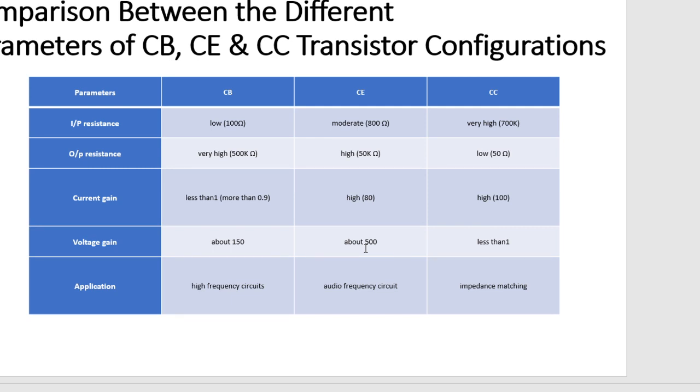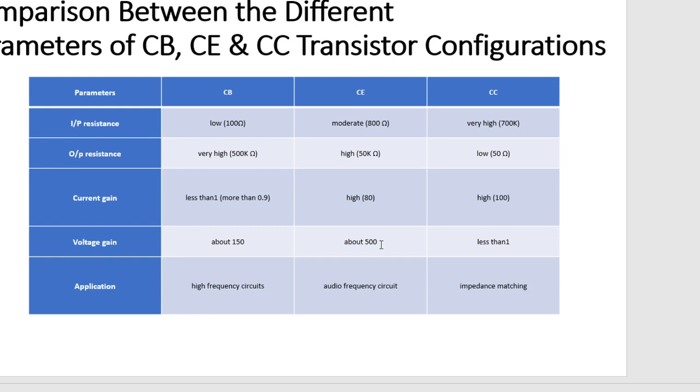I would like to elaborate a little on this point. Suppose we have an NPN transistor operating in CE configuration, and we apply a voltage of 1 volt at the input terminal. If it is working as an amplifier, the output voltage will be 500 times the input voltage if the transistor has a voltage gain of 500.